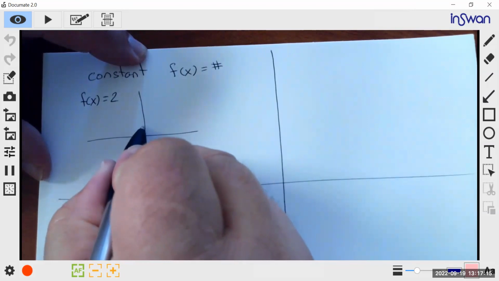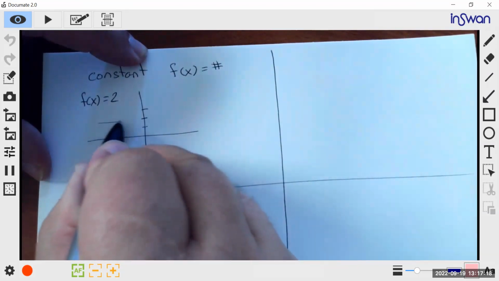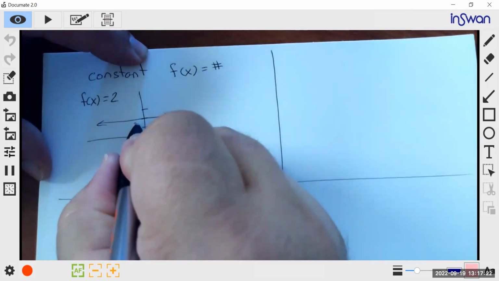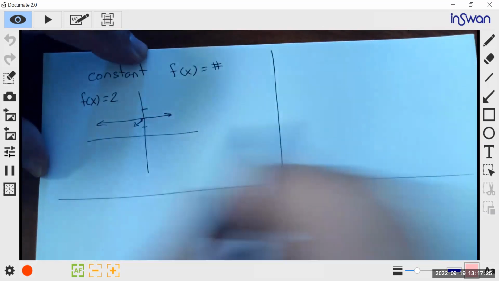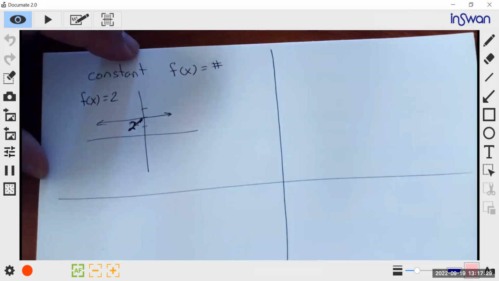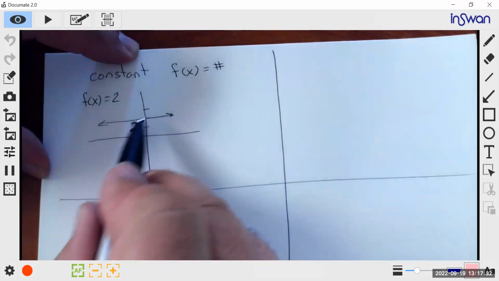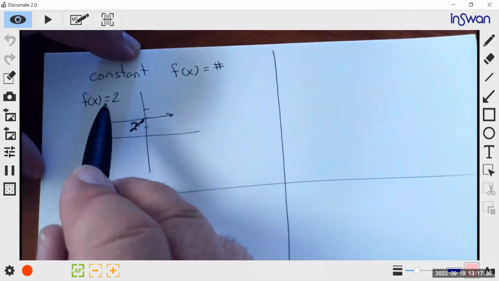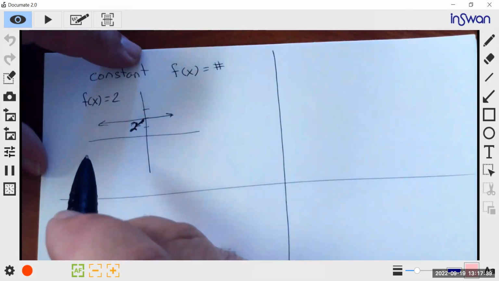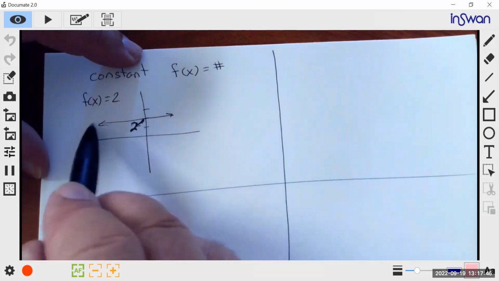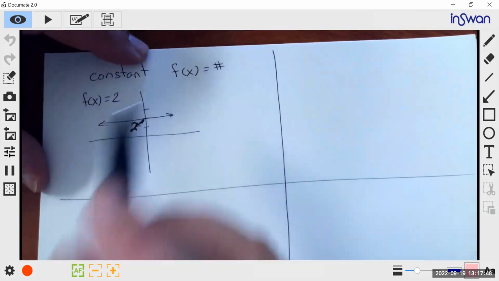It's a horizontal line going through 2. We know it's horizontal because it can't cross the x-axis, since there are no x variables. You can only cross the axis that has a variable in the equation. Since it only has y equals 2, it can only cross the y-axis. So that's a constant function.